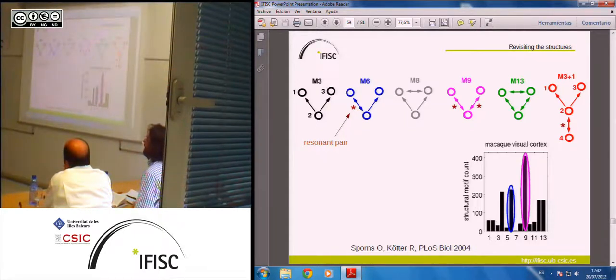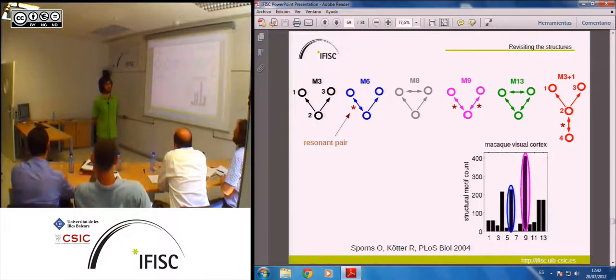Well, I don't know, there are inhibitions, for instance, but it depends on the region. The inhibitions are more local. One region could inhibit itself, I don't know, but typically not inhibit different regions.